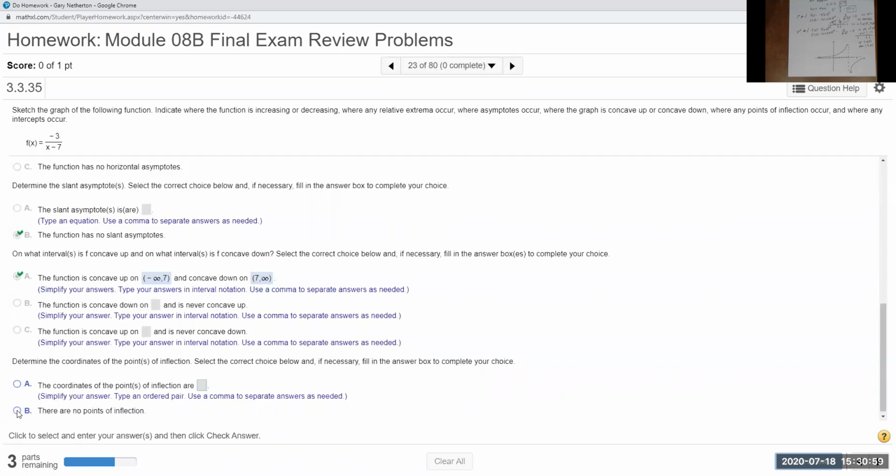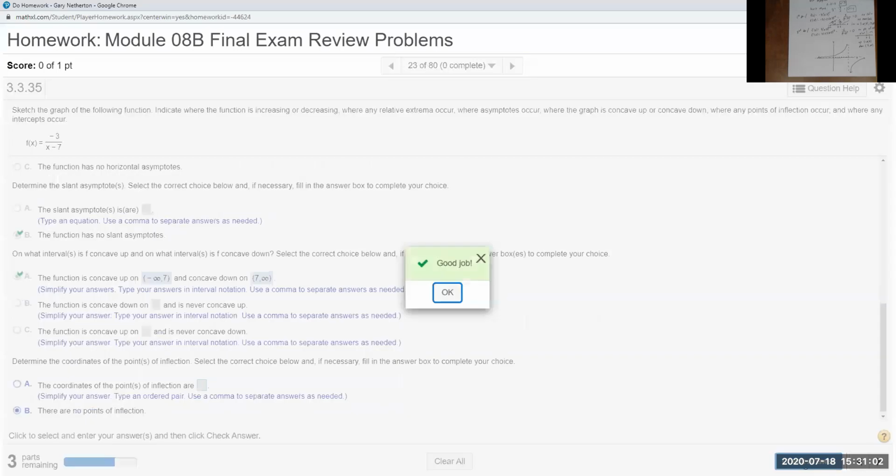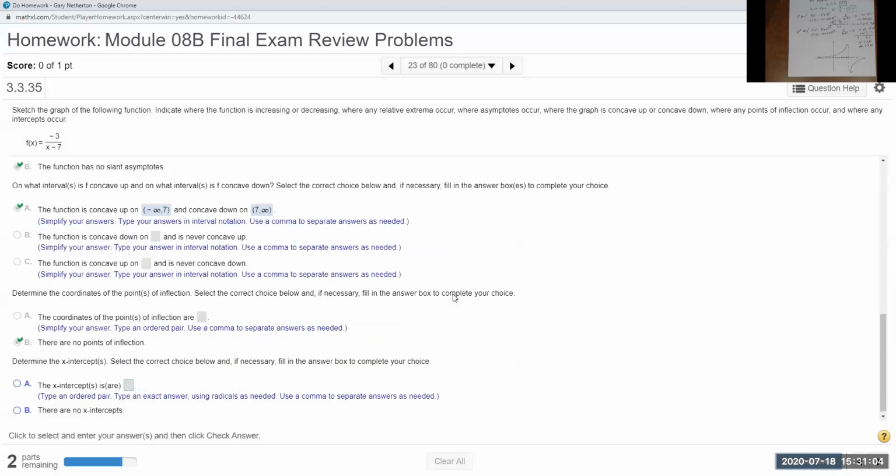Points of inflection, we said there are none. Oh, it did X-Intercept. I'm glad we did these. X-Intercept, we said there aren't any X-Intercepts.